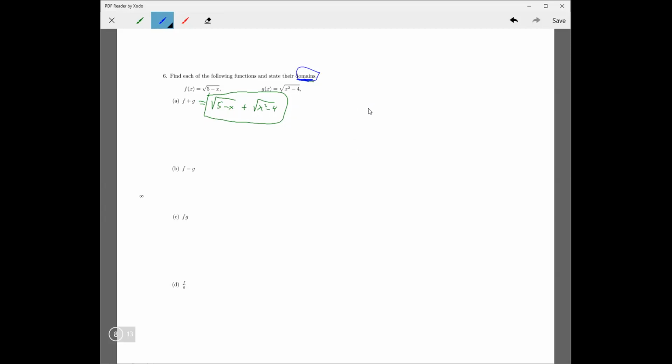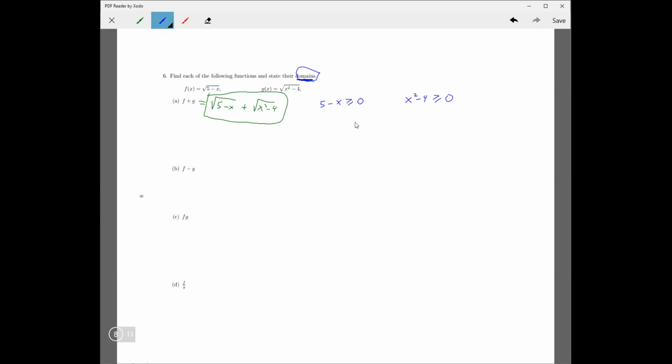Okay, so when it's asking about domains, again, like I said before, what you look for is avoid 0 in the denominator and avoid negatives under the square root sign. Those are the two main things. There's no denominator, so we don't have to worry about that. But you want to force whatever is inside these radicals to be greater than or equal to 0.